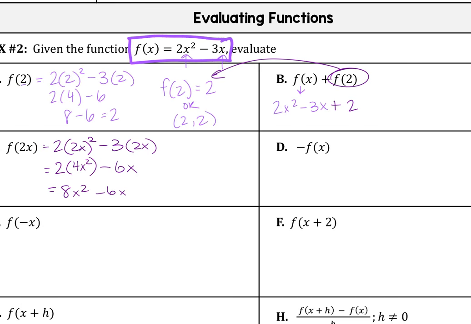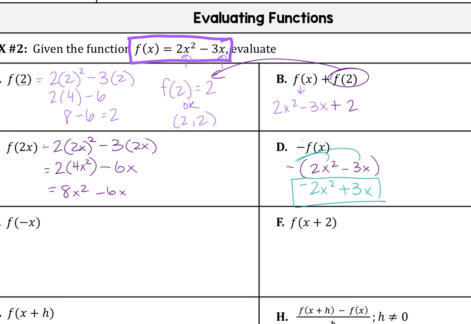Okay, with the negative on the outside, that means we're taking our function and distributing in a negative, okay? So it'll be negative 2x squared minus 3x. And then we distribute in that negative. So negative 2x squared plus 3x.